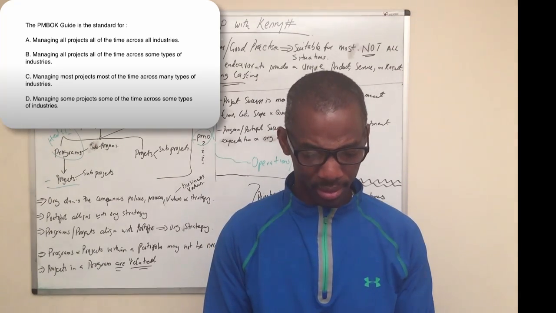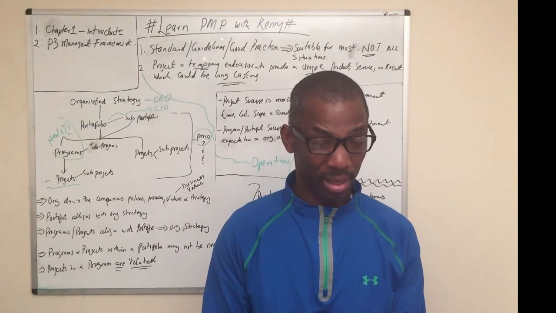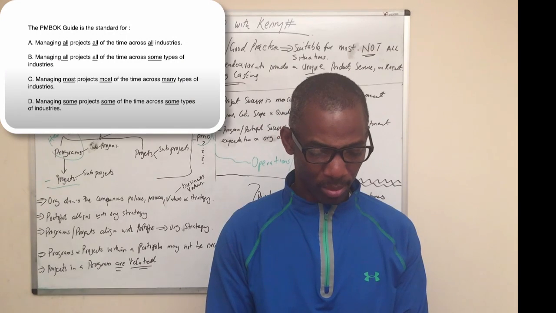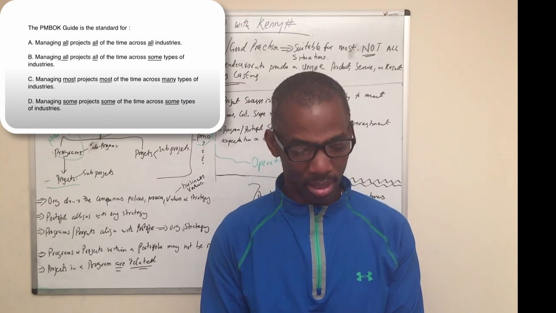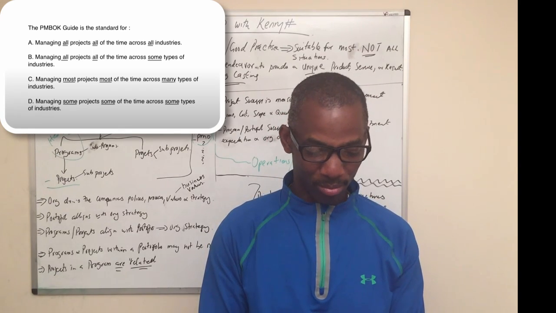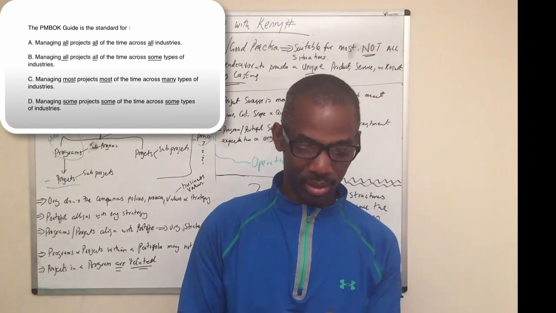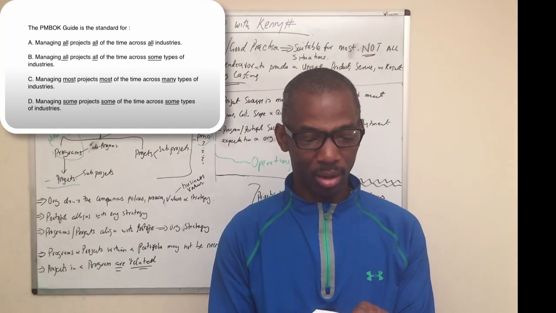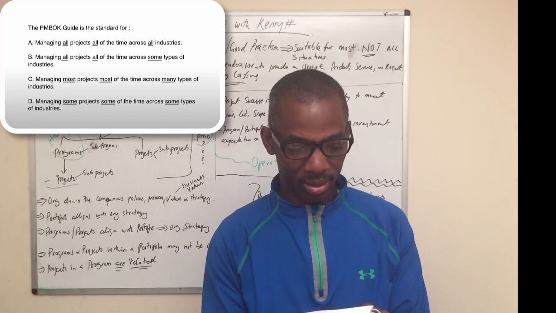The first option says all, absolutes, be careful. The next one talks about all and some, an absolute and a non-absolute, managing all projects all of the time across some types of industries. And then you have managing all projects all of the time across all industries.